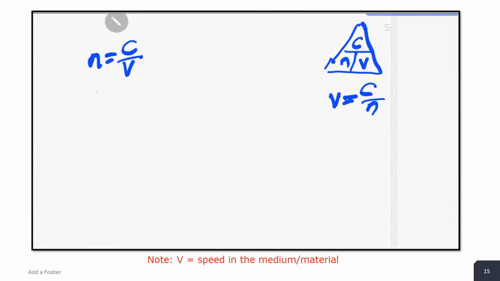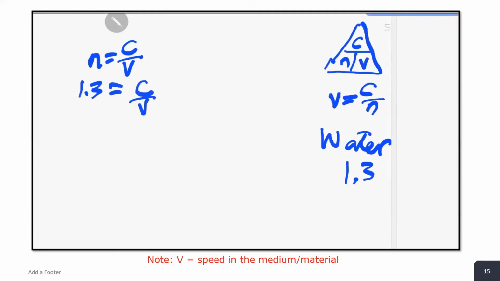Now, let's find out the speed of light in water, which has 1.3 index of refraction. Now, 1.3 equals c over v.